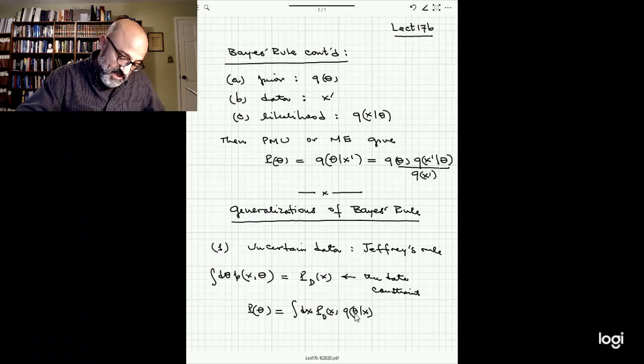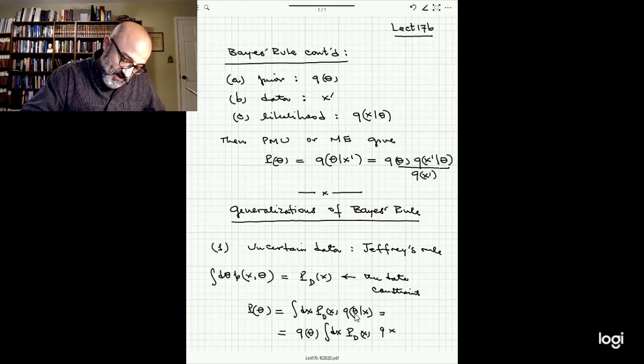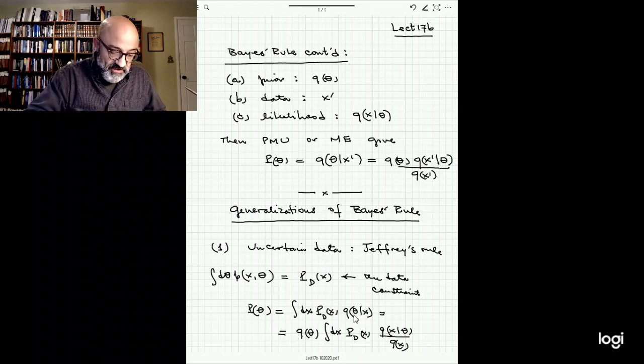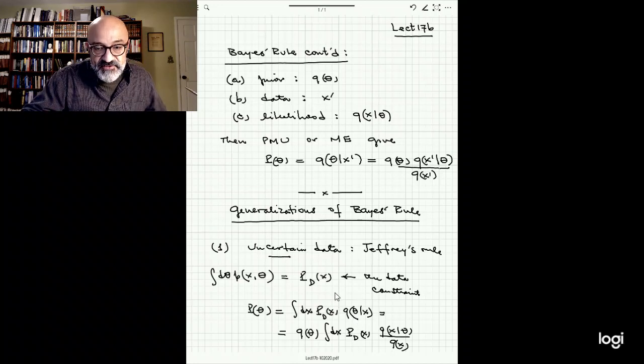When you do that, you get something like q(theta) integral dx p_D(x), and then here we have the usual part of Bayes' theorem. So when you have uncertain data, you just replace the delta function for the value of the data with another probability distribution, and you're done. So that's one way to generalize it.